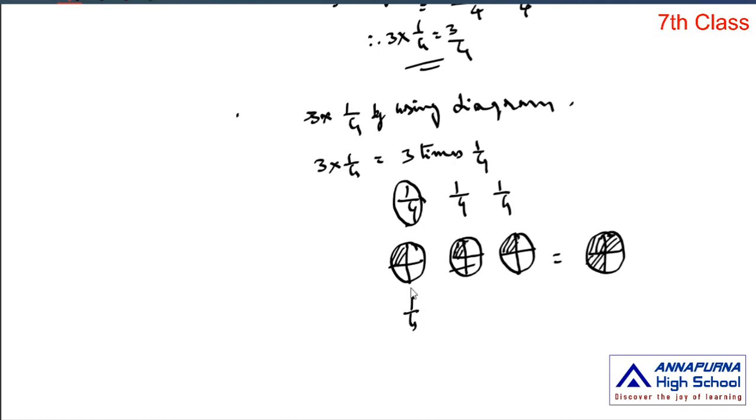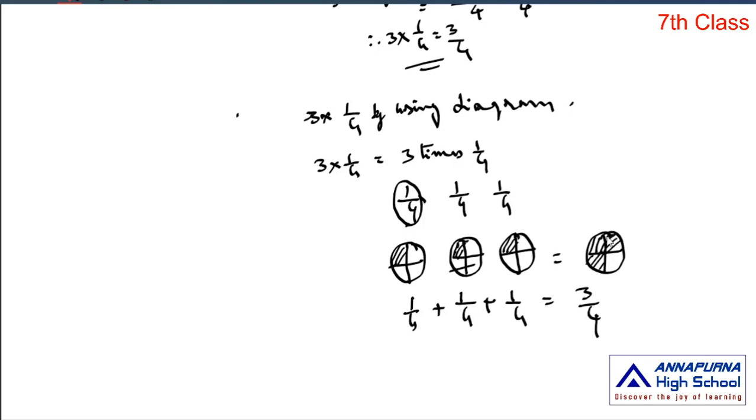The fraction for shaded part is 1 by 4 plus, here also 1 by 4 plus, and here also 1 by 4, which is equal to, here how many parts are shaded? 3. Therefore 3 by 4. Now tell me, what part of a circle does the shaded part represent here?